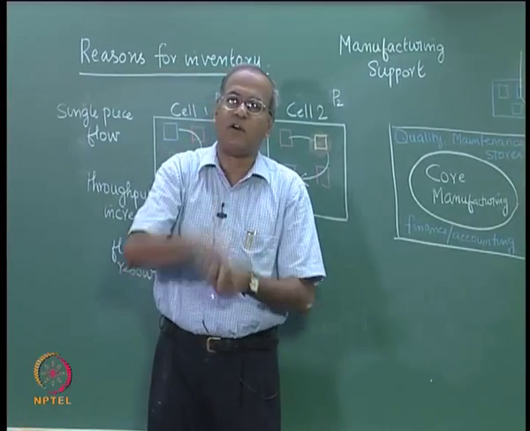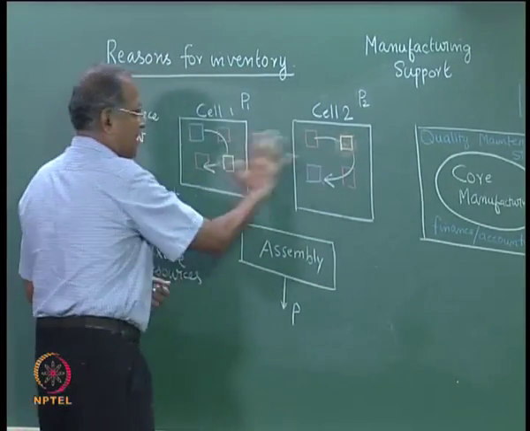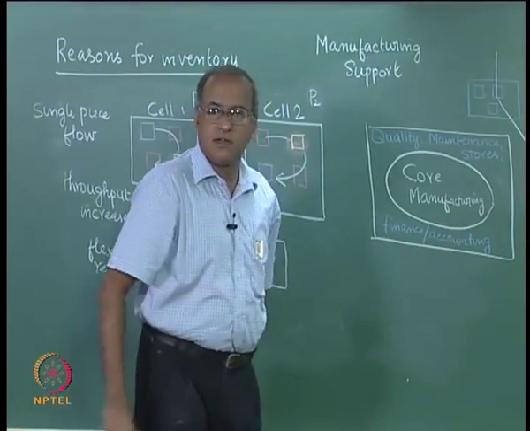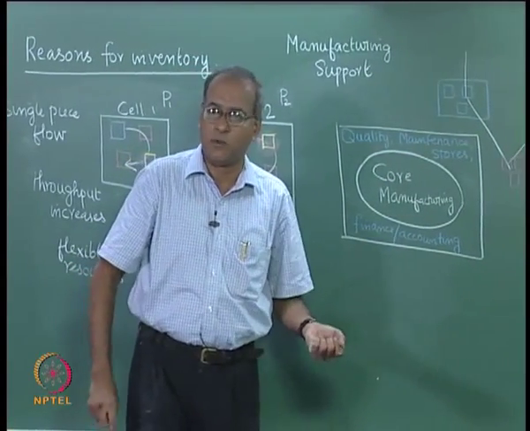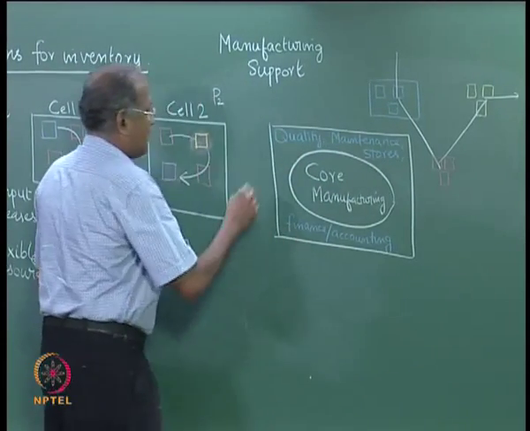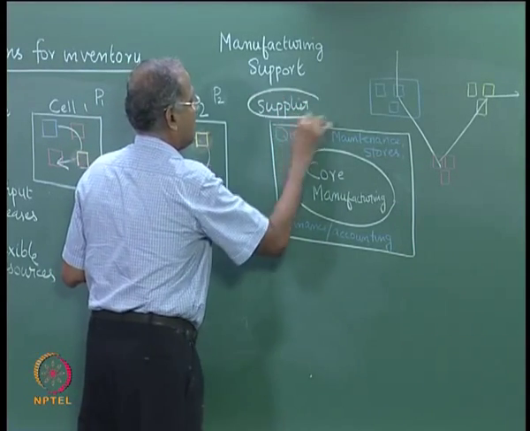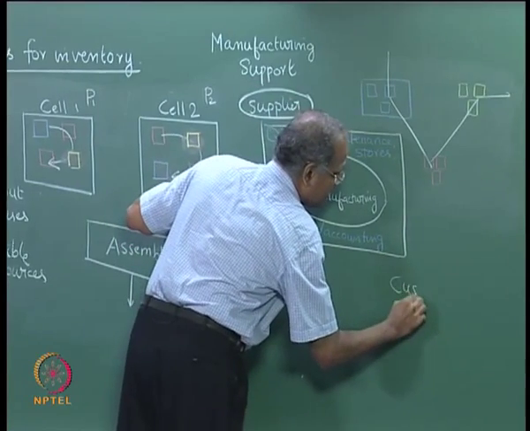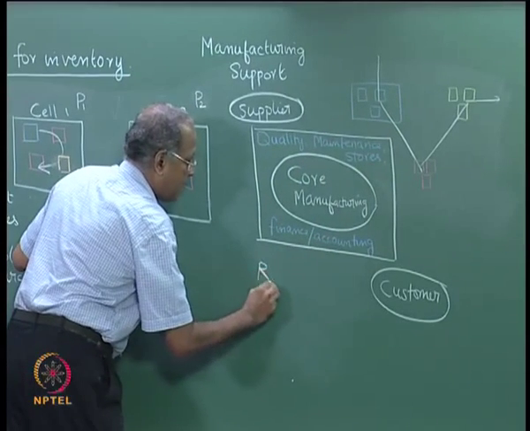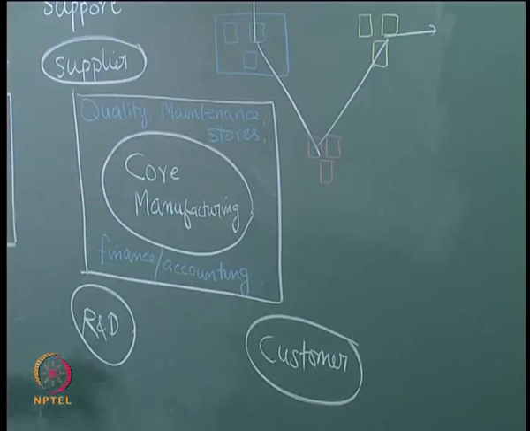That would also involve additional resources. Just as when we did this, we realized that additional machines may be required. Now, when we do this, we also realize that additional resources may be required, and then organizations will have to take care of these. Now, to continue this, outside of this is the supplier. Now, this side is the customer, and somewhere is the R&D, the research and development, which changes or provides inputs to this.